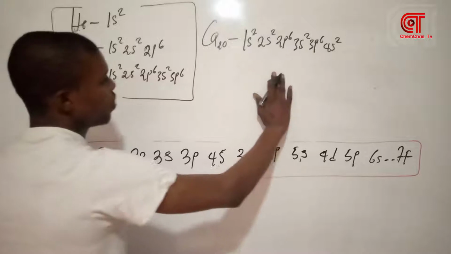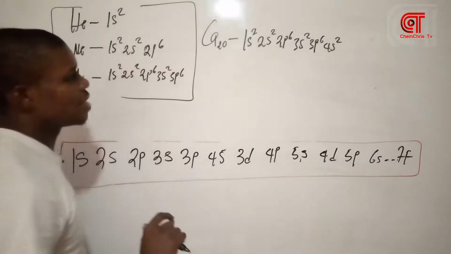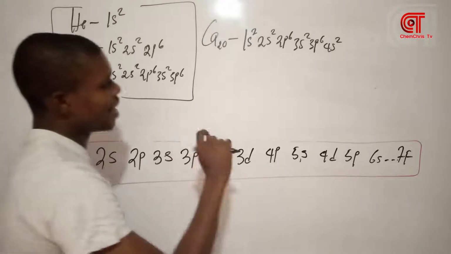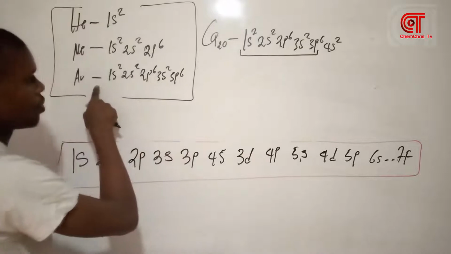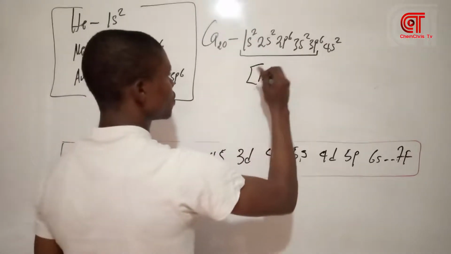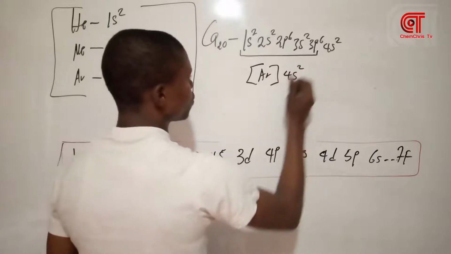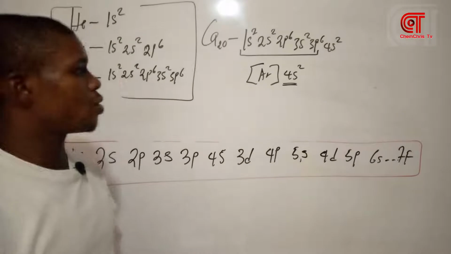If you look at it very well, we have 20 here. But if you want to write the condensed configuration, you look at the nearest noble gas. From here to here is the noble gas argon. So instead of writing this, you can just say [Ar] 4s2. This is how to write condensed electronic configuration.